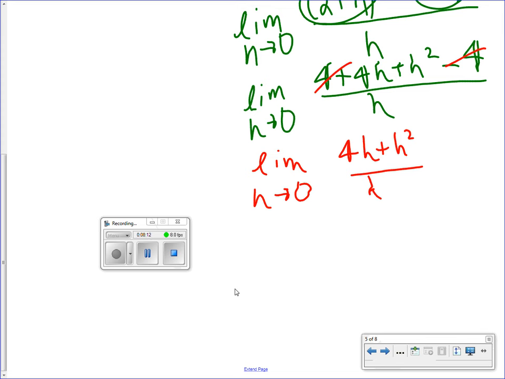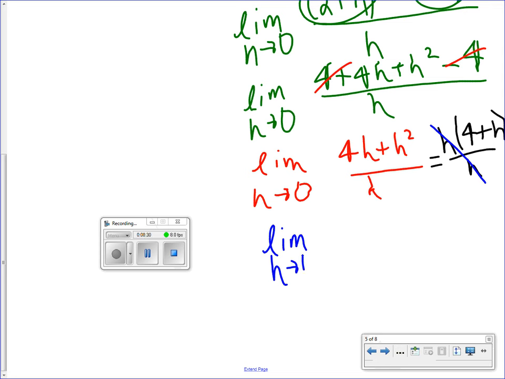Notice that in your numerator you have a GCF of h. I can factor it out if I want. And I have a factor of h in both the numerator and denominator that cancels out. So I have the limit as h approaches 0 of 4 plus h. So now you're going to calculate this limit using direct substitution. Substitute 0 in for h, and you get 4.